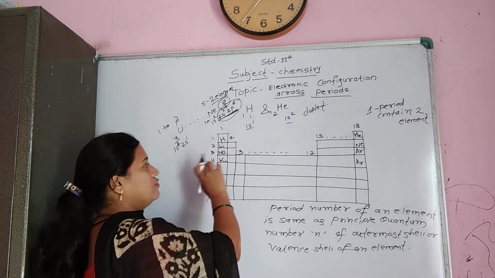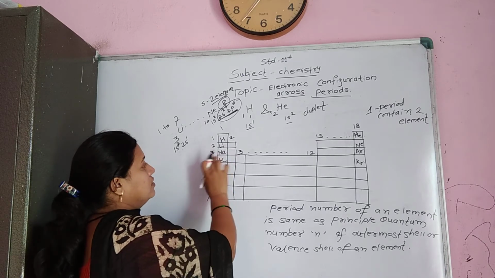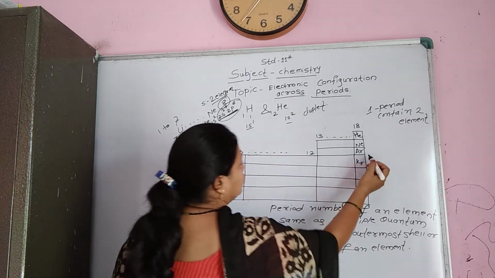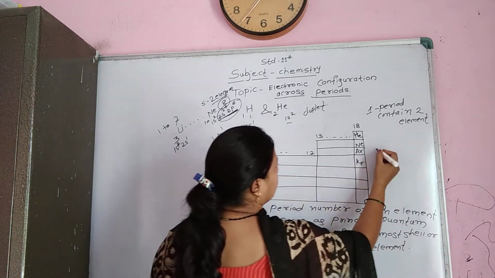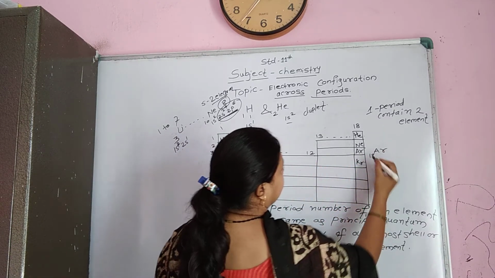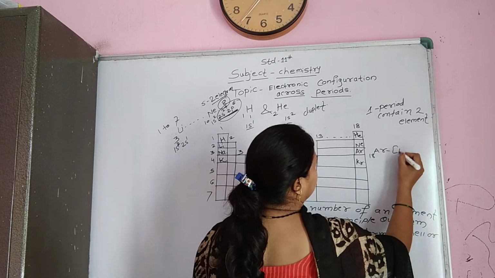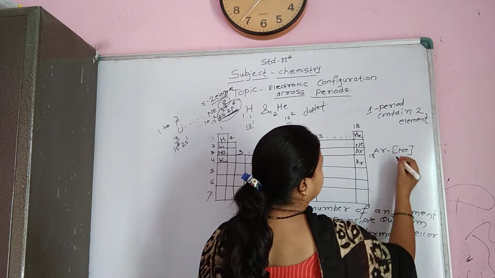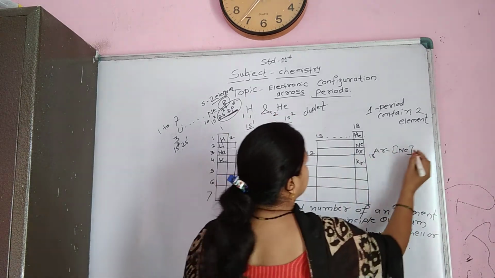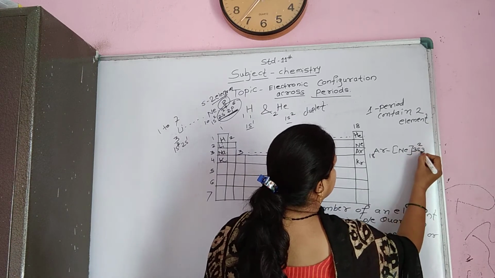A similar pattern is followed in the third period. In the third period, the electronic configuration ends at argon. Argon has atomic number 18 and electronic configuration neon core, then 3s2, 3p6.